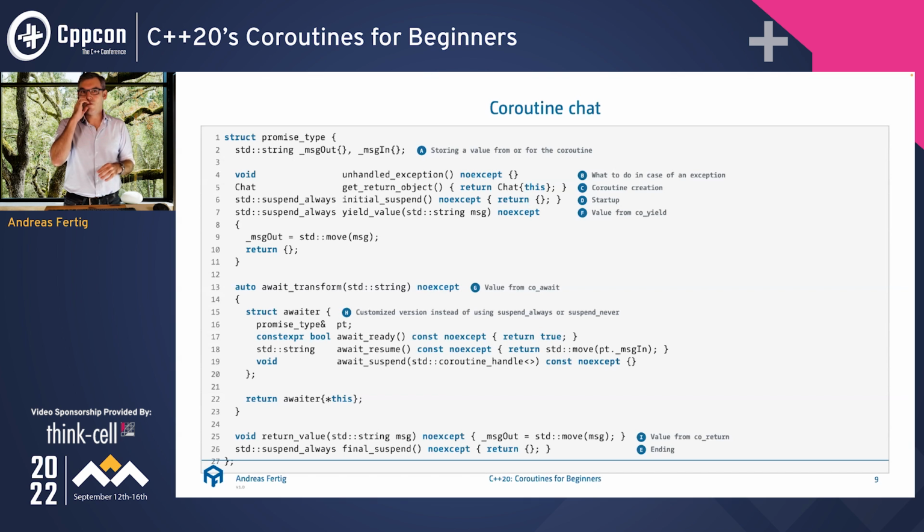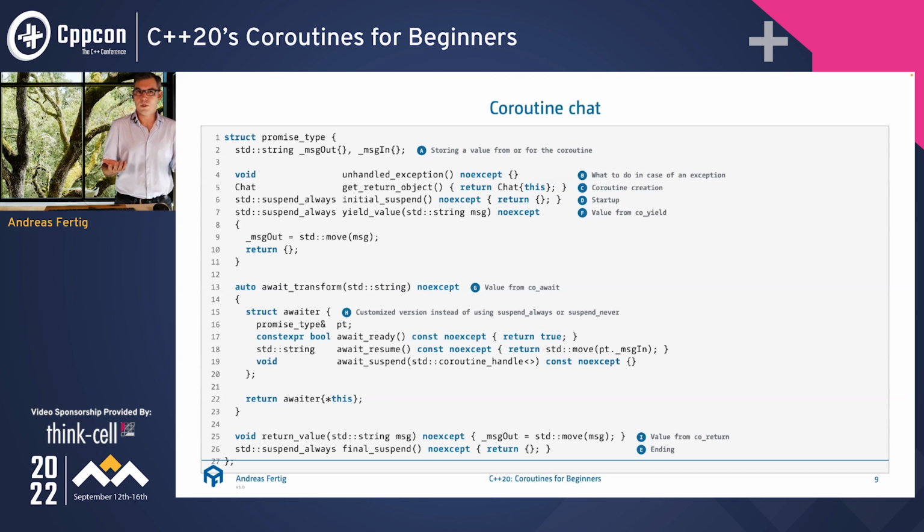And this is the same for yield value. And yield value is invoked once we say co_yield. Hence, this function here takes a std::string message by value. You can here freely customize that. You can take all value references, const references, the full picture, okay? Whatever you like to pass from co_yield, it's simply overloadable.